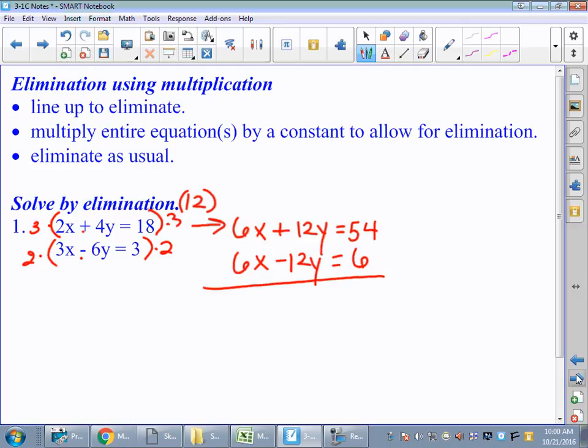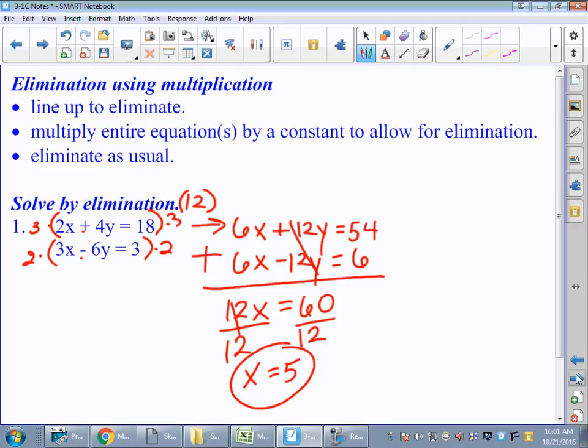Now when I add these together, I see the x's are the same and my y's are the same, opposite. So by adding, my y's will go away, but my x's will become 12x, and 12x is equal to 60, and my y's go away. Divide by 12, divide by 12, x is equal to 5.